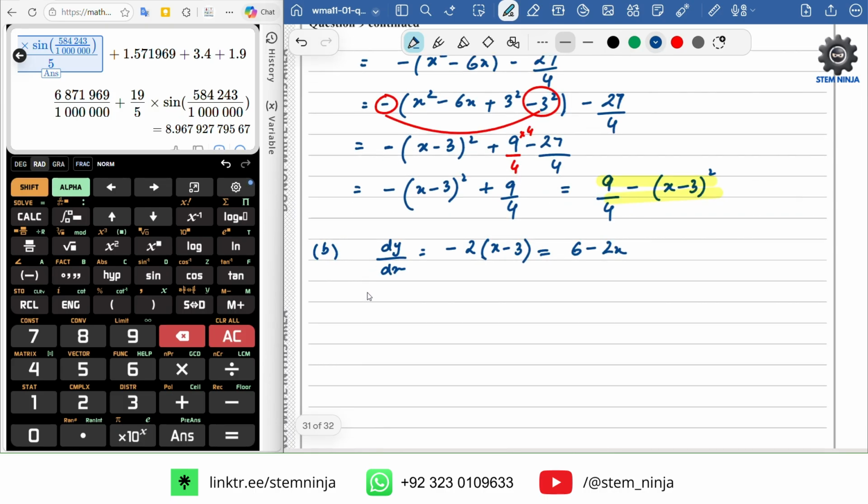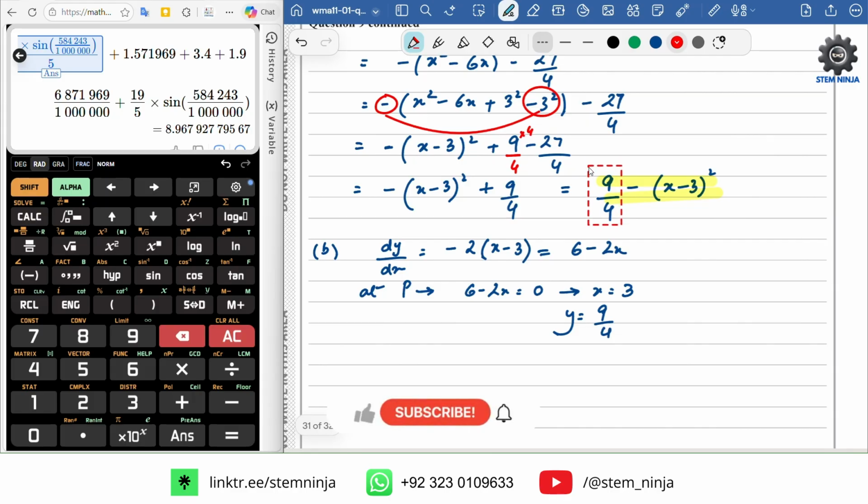Okay, so we need at P, this 6 minus 2x is equal to 0. So therefore x is equal to 3, and y would therefore be this thing, 9 over 4, because in completed square, remember, this constant value represents the peak.